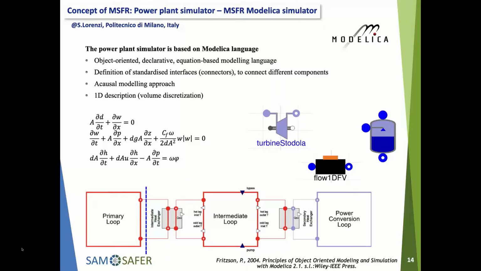The Modelica language is based on a 1D description with a finite volume discretization. On the bottom part of the slide, you can see the power plant simulator developed in the SAMOSAFER project, with the primary loop, the intermediate loop, and the power conversion loop.